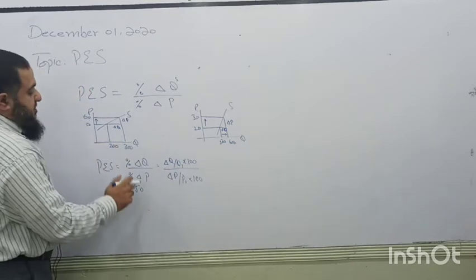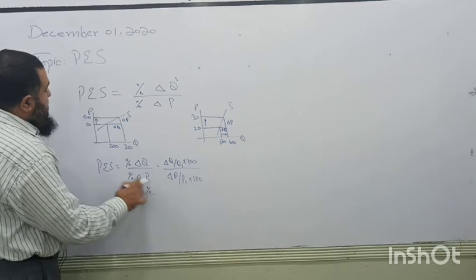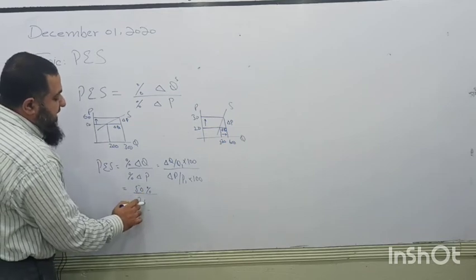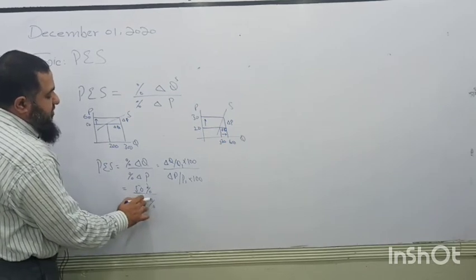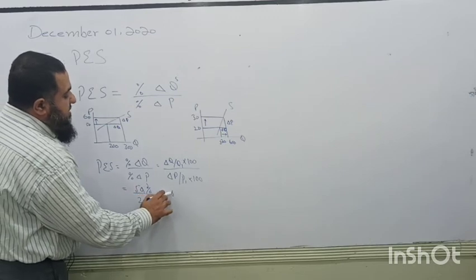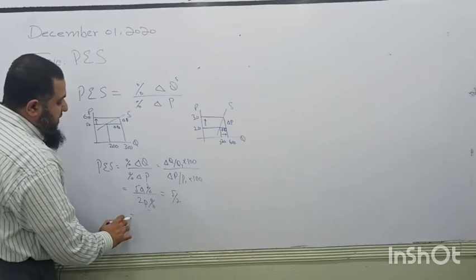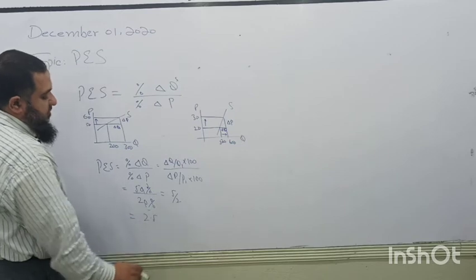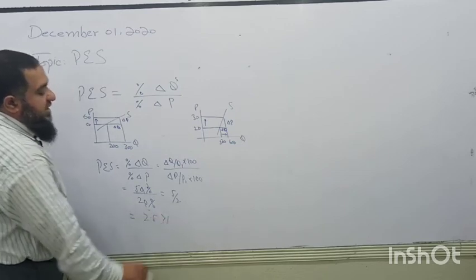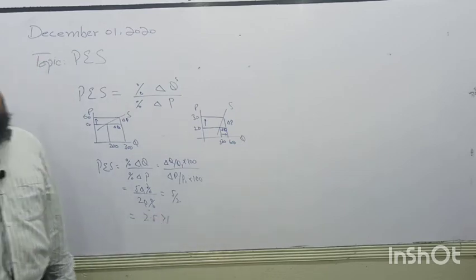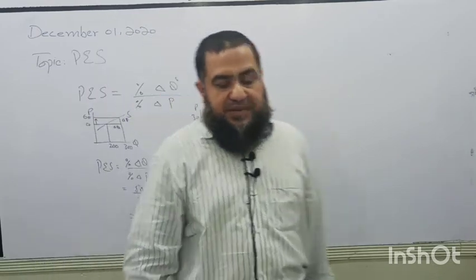So it is a 50% change in quantity, whereas price has changed only 20%. So what is the answer now? 5 by 2, which means 2.5. And 2.5 is greater than 1. So when it is greater than 1, we say it is elastic supply.